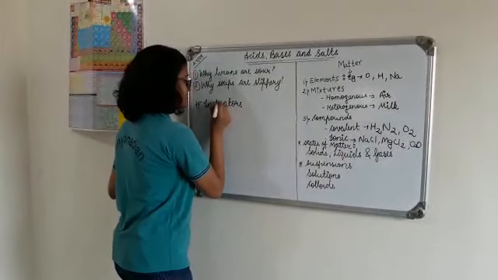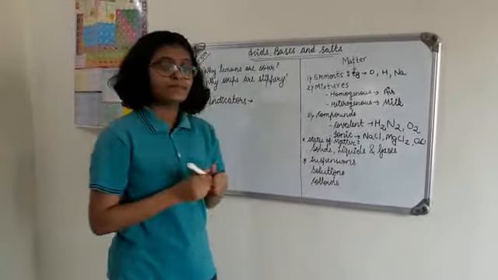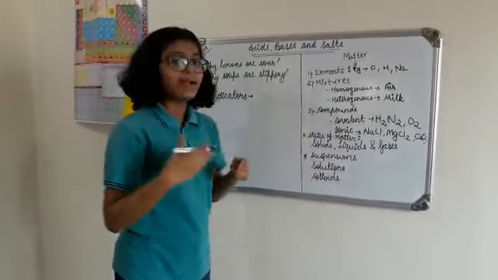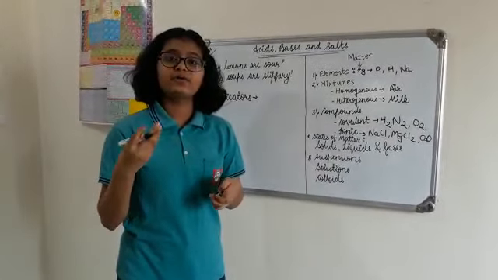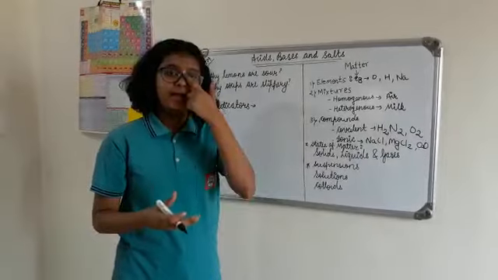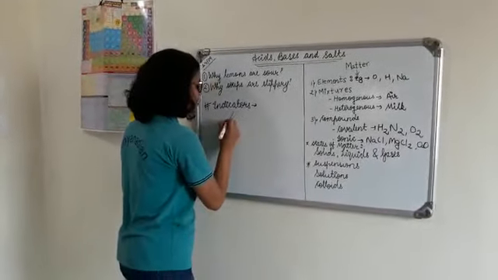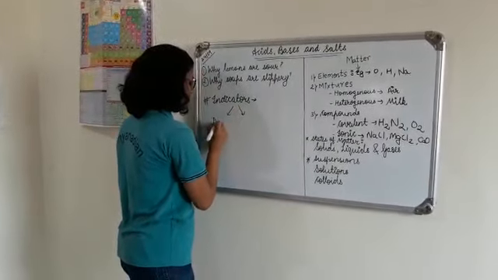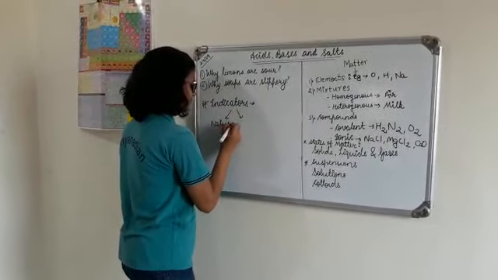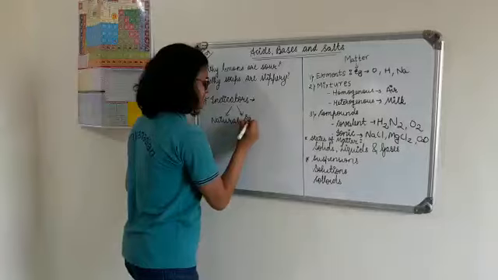Indicators are the substances that show a chemical change in them and give out a color so that we can determine whether they are acidic or basic. So indicators are of 2 types. One of them is natural and the second one is synthetic.